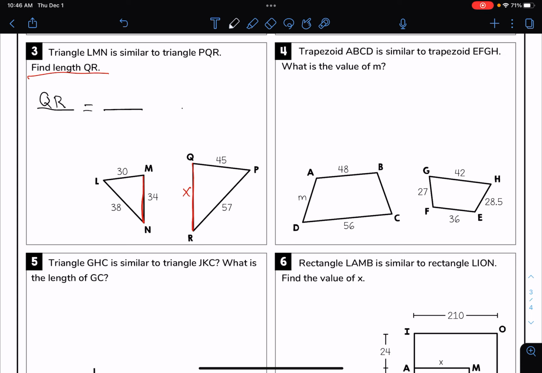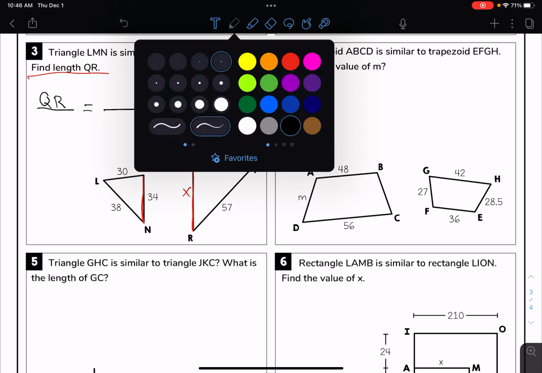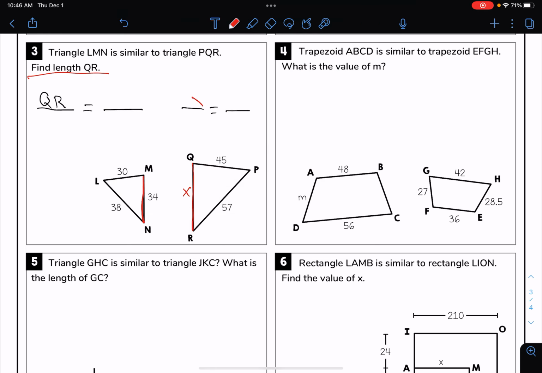Or like I said, you can use X. Either one, they both work. And then we said that MN corresponds with QR, so that's going to be 34. So I can write 34 under the QR or next to it. Either way, they both work, right?